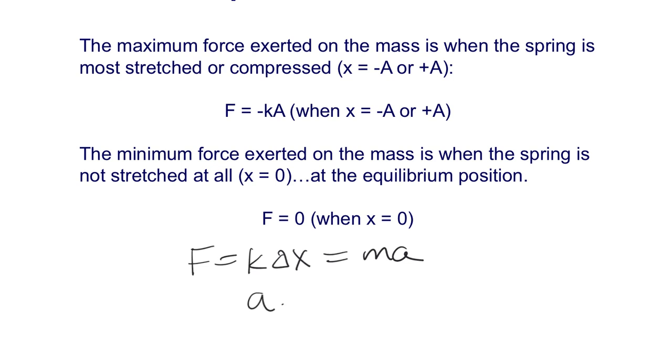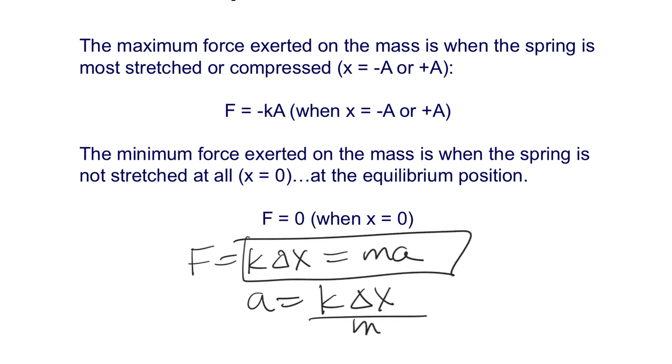So a would simply equal k times delta x over m. Okay, so I'll put that equation in the equation sheet. That's how you can find the acceleration of a mass on a spring.